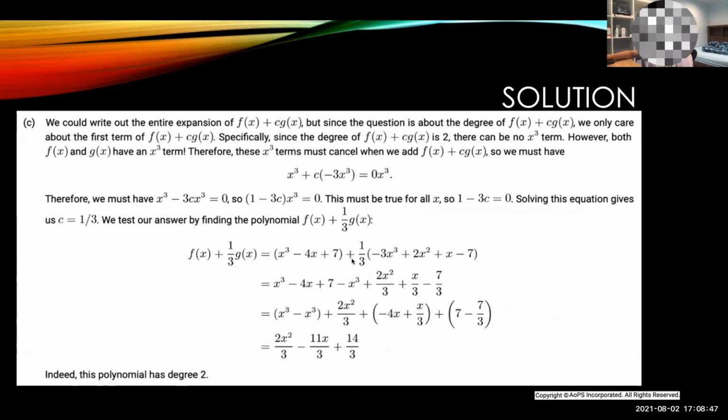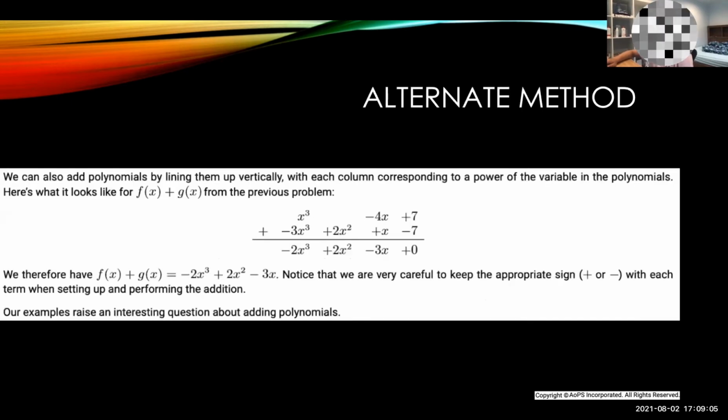See, negative x to the power of 3 plus x to the power of 3 cancel out, and that leaves 2 as the maximum degree. Okay.